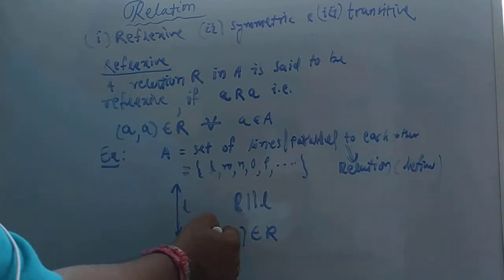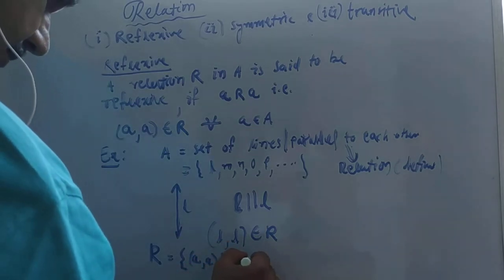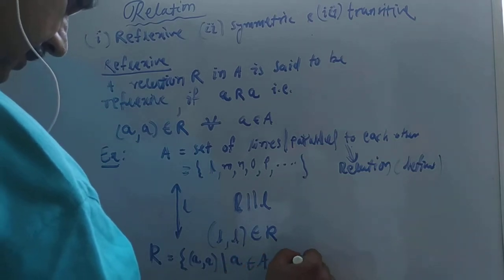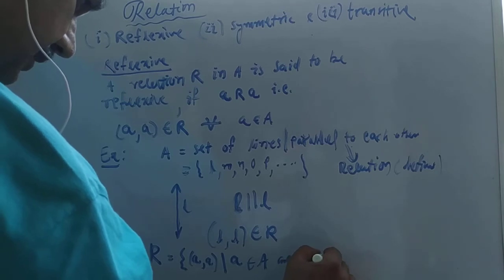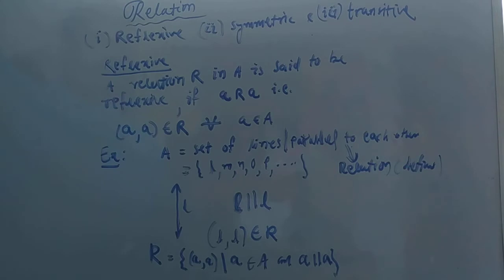So in this case (L, L) belongs to R, so the relation R, (A, A) such that A belongs to A and A is parallel to A is a reflexive relation. Okay.